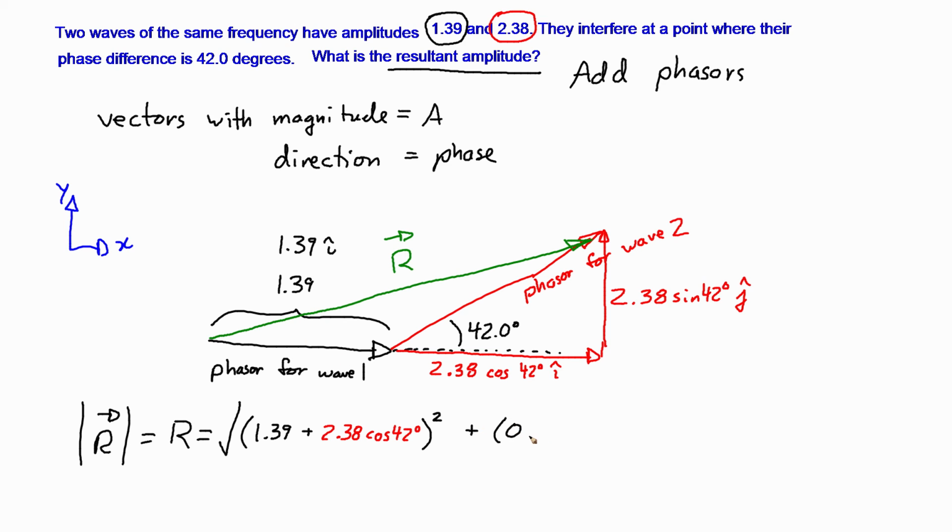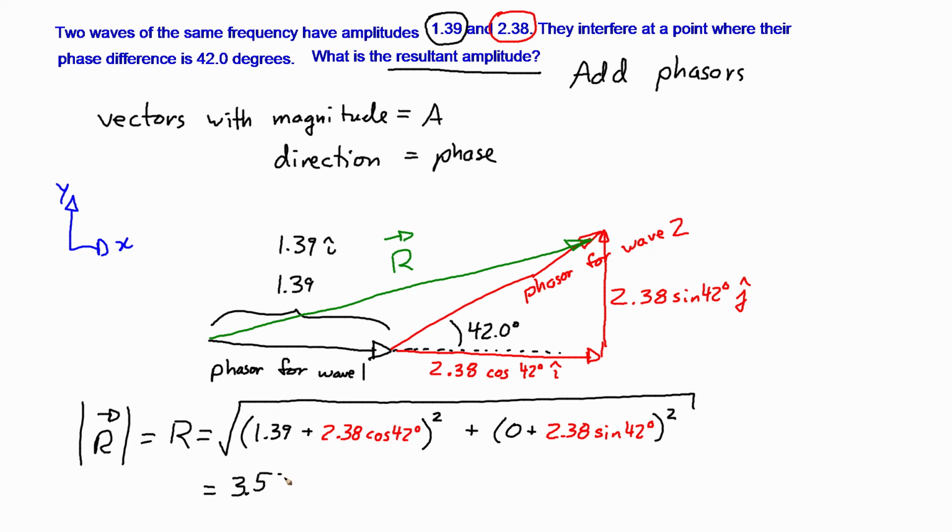From the first vector I have 0, plus from the second vector I have 2.38 sine of 42 degrees. I take the square root of all of that, and in this particular case I get 3.5374. It just continues, but we're given 3 sig figs, so I would keep it at 3 sig figs.